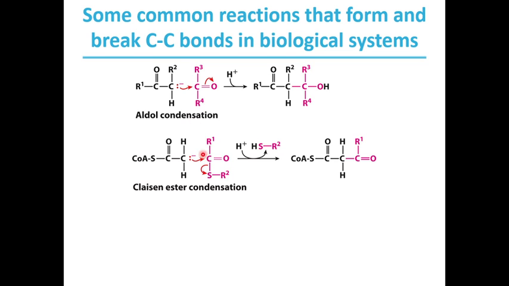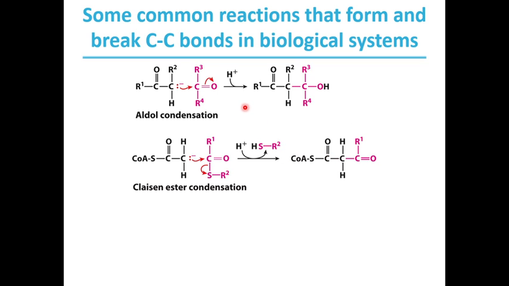The second reaction is Claisen ester condensation. Here, again, the carbanion attacks another electrophilic carbonyl center. And in this case, a thiol leaving group leaves. And this results in the formation of a carbon-carbon bond.